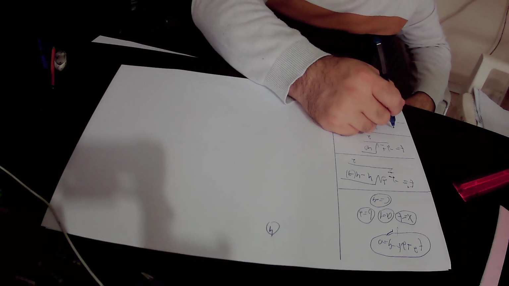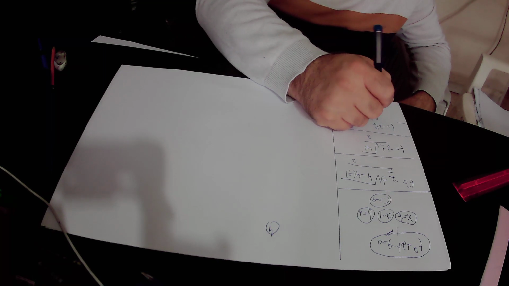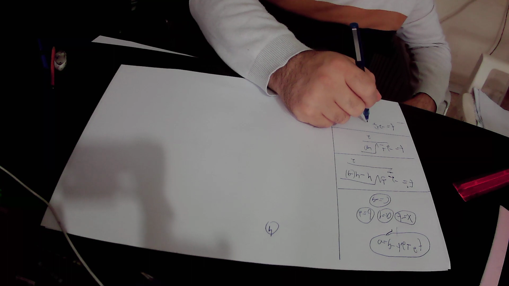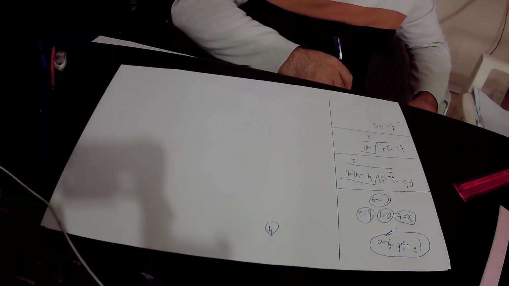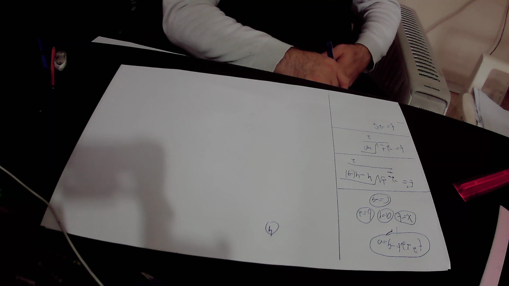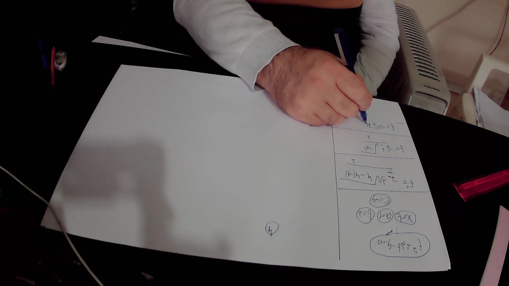So t equals minus 2 plus minus, 40 is 4 times 10, and the square root of 4 is 2, so it is 2 times square root of 10, all divided by 2.